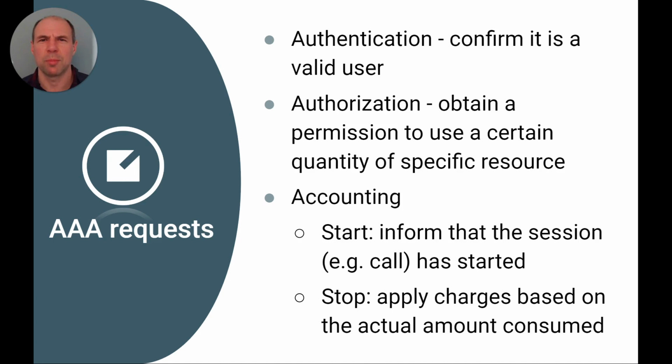The user may change his mind, hang up, or maybe the call never gets connected because they just dialed the wrong number. So start accounting tells billing, okay, the call got connected, now it's in progress. And stop is when the node informs PortaBilling that the user actually consumed a certain amount of service. For instance, a call lasted for 5 minutes and 30 seconds.